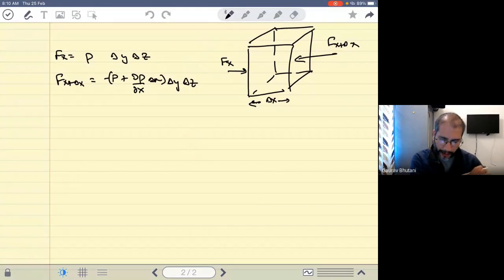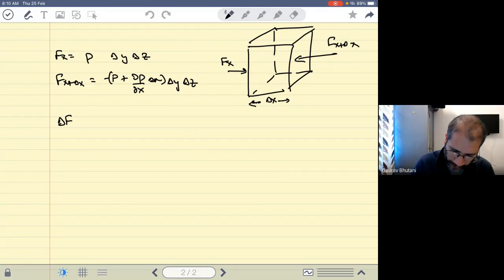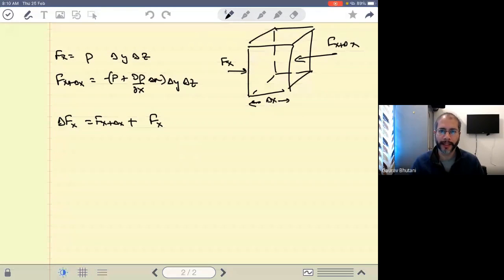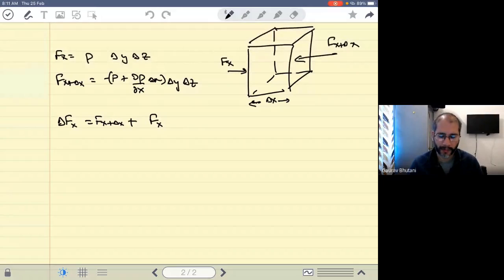All right, so if you take the difference between the two, because the net force acting on the element in the x direction is the difference of the two, that difference, which we call delta fx, is f of x plus delta x minus fx. Or you can simply add them because in this case we have taken care of the direction. Strictly, we do a minus sign because we use the same sign, but here I have taken care of the directions.